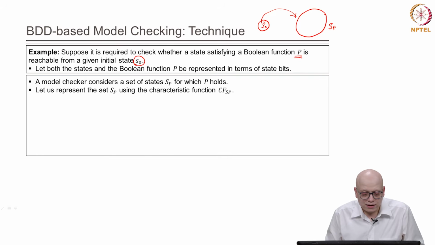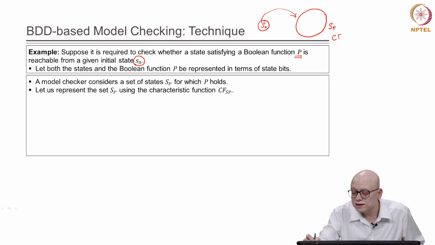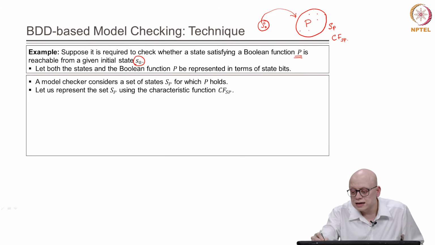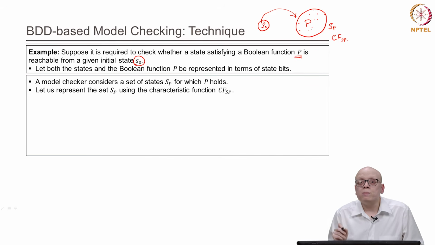Let us represent the set SP using a characteristic function, CF SP. For all states in this set, the property P holds, right.